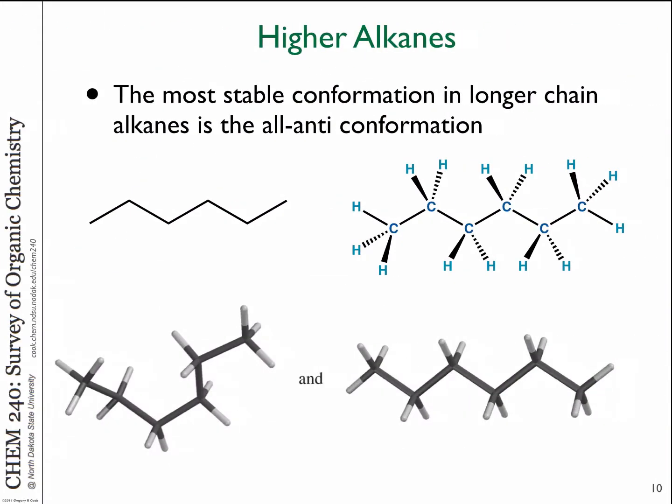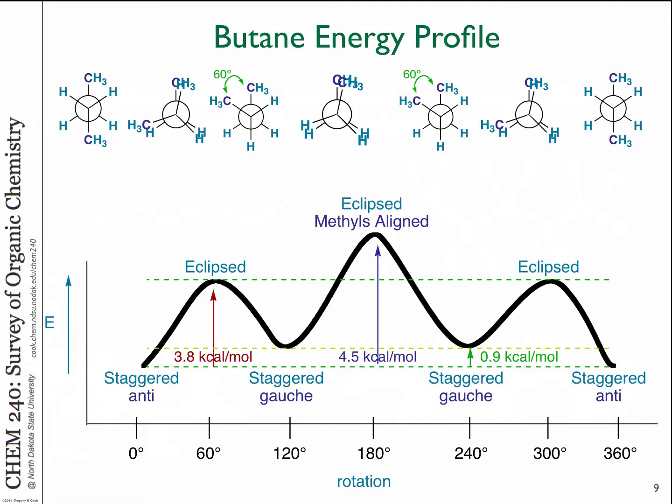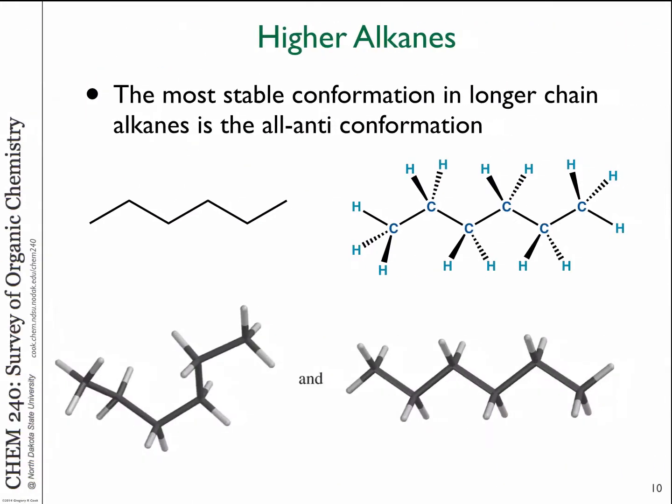Okay, now, let me just back up one more time. Now notice when I looked at this specifically, this energetics of butane, that because of the steric strain of the groups where they're rotating, notice it's really high when they're pushed together. Because of that steric strain, that makes longer chain alkanes most stable, the lowest energy, the most stable, when it's in a completely staggered open form.